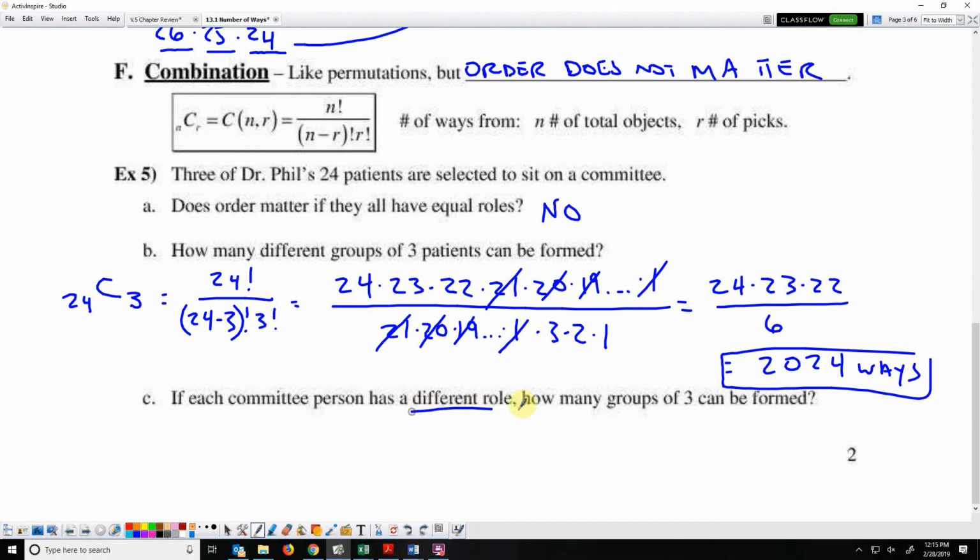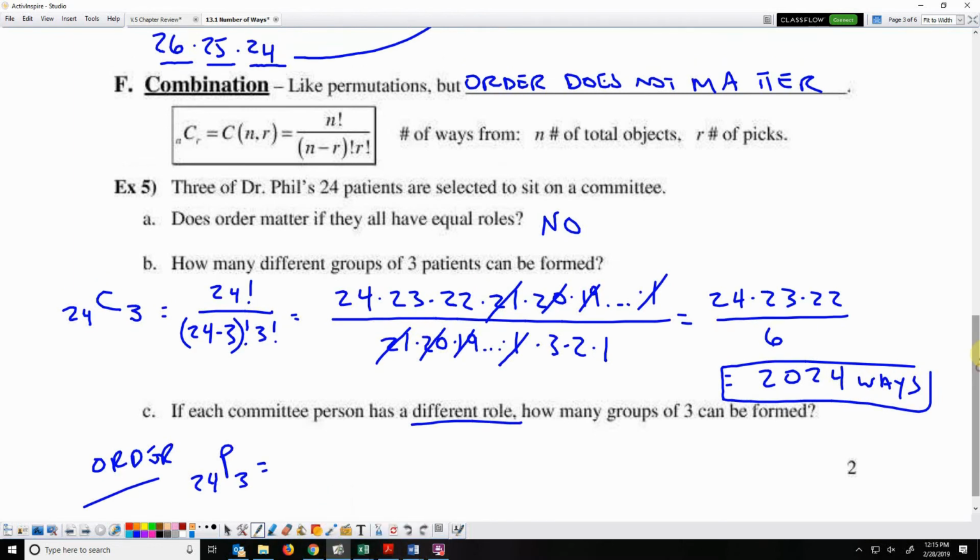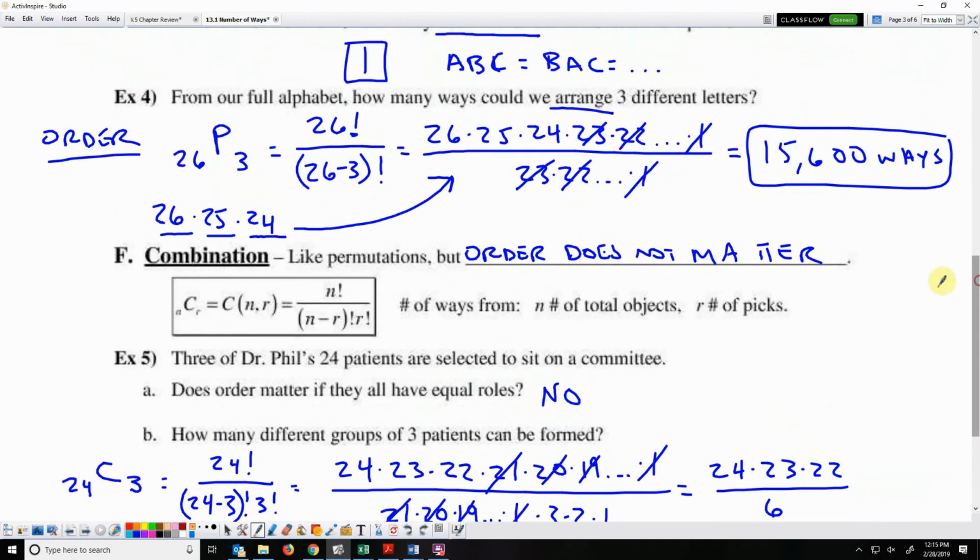Okay, if there's different roles, now order matters. So we're using a permutation. 24 options, using only 3. Okay, now I'm going to do the more simple version here, because we've seen up here that a whole lot of stuff just cancels, and we only have 3 roles that are being filled.